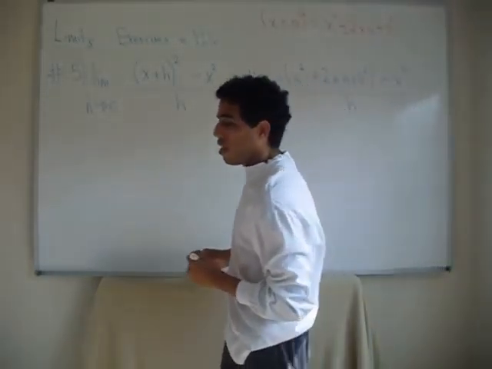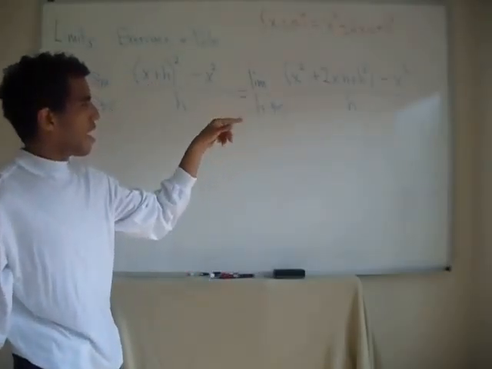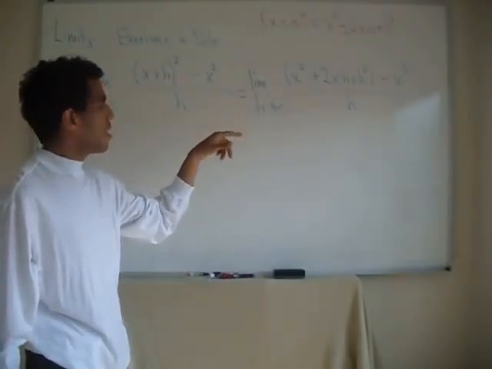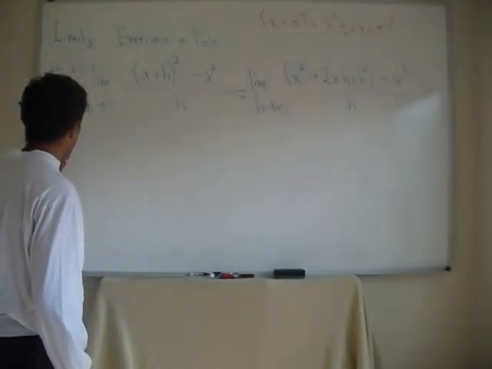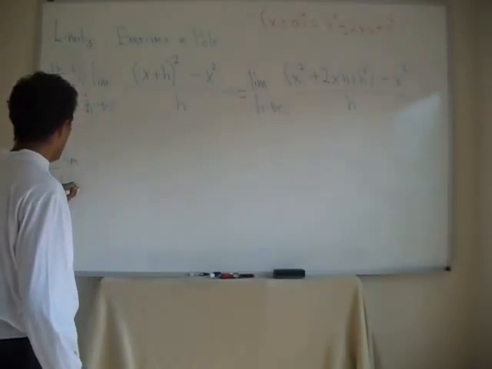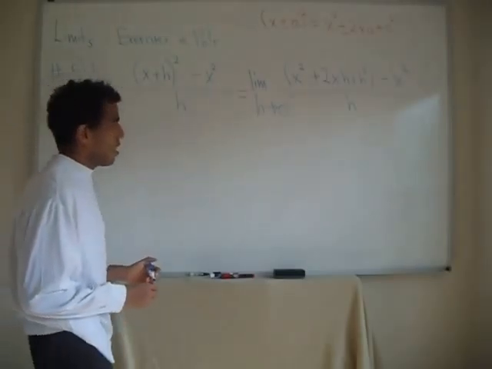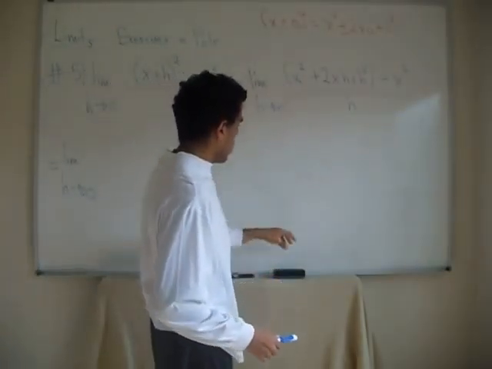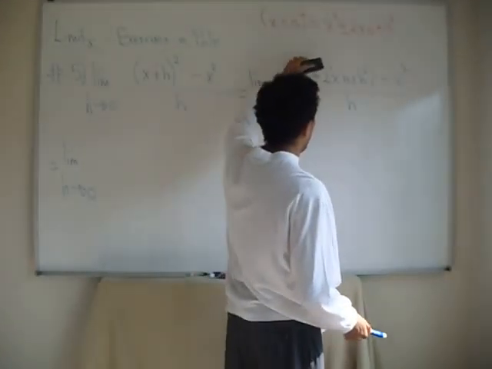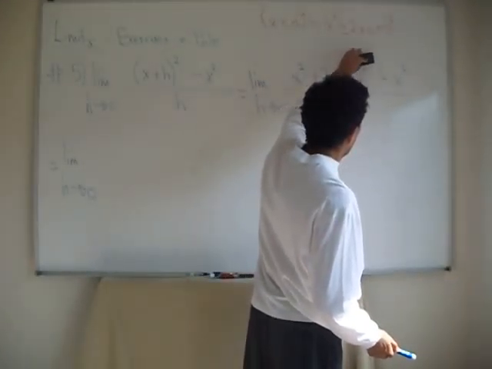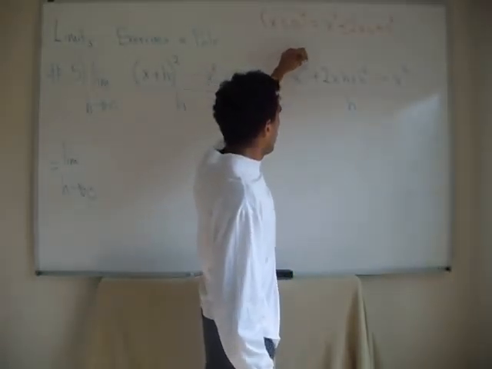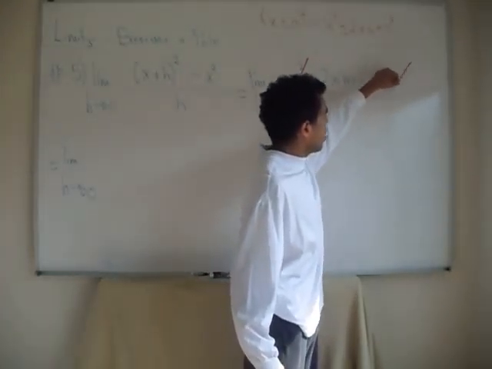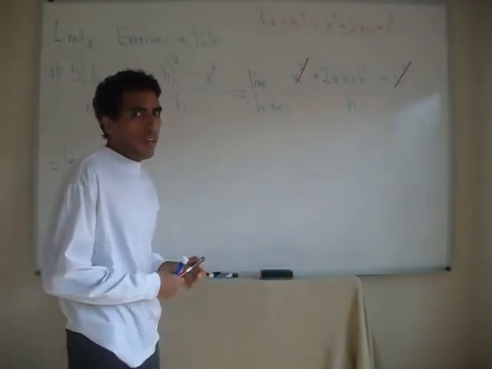And now I can see that I kind of have a common factor right there on h. Well, that equals then limit of h tending to 0. If I get rid of the parentheses, which I can because there's nothing multiplying, the x squares cancel each other, okay? X squared minus x squared is 0.